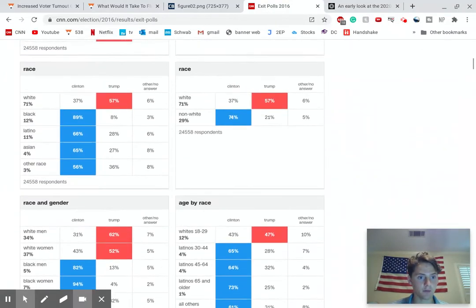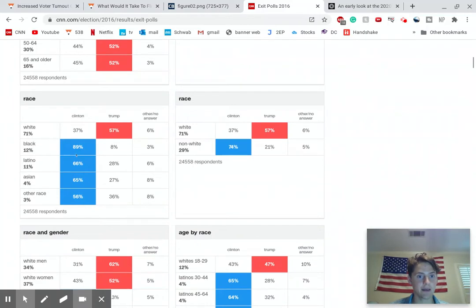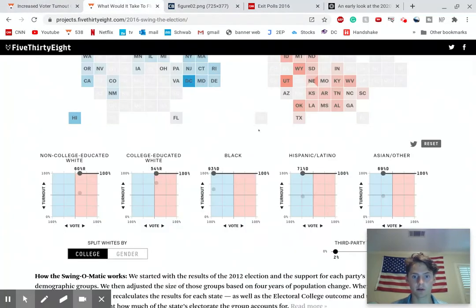So if we look among black voters, 89% of them supported Clinton, 8% Trump, and 3% other or no answers. So I'm going to give two of these to Clinton and one of these to Trump, just for the sake of this model. So that's 91% for Clinton, which is actually a little bit less.